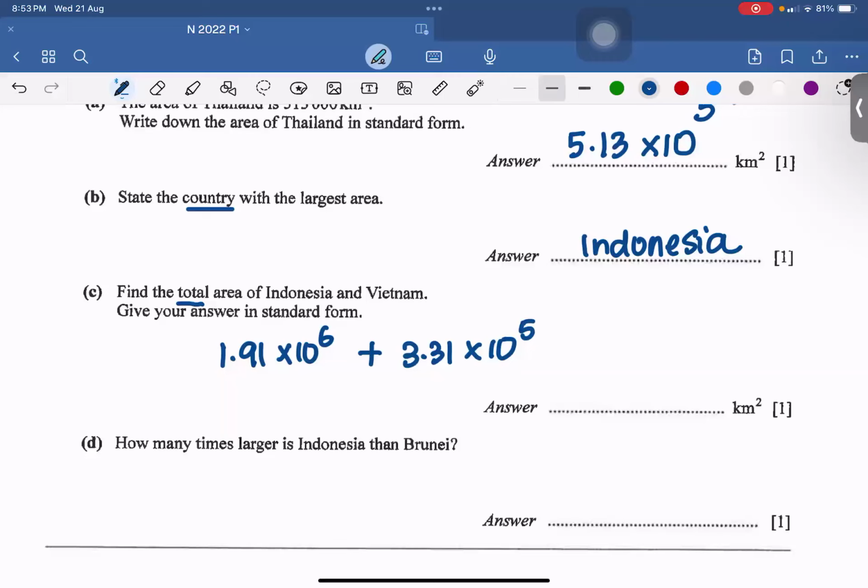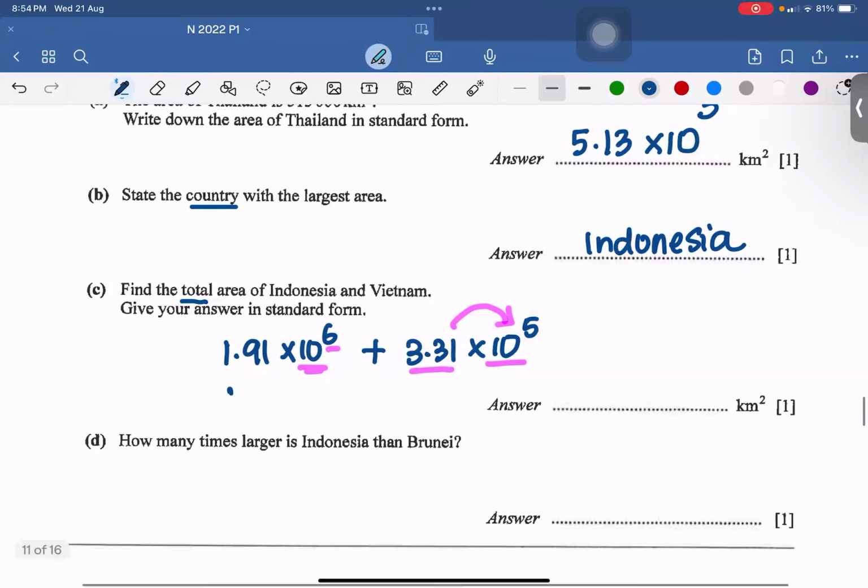Alternatively, what I can do is change it. Okay, I notice this is 10 to the power of 6. This is the bigger power. I will try to make this number match. So I bring another 10 over here, divide by 10 to make it become 10 to the power of 6. This is what I do if I don't use a calculator, but if you can use a calculator, go ahead.